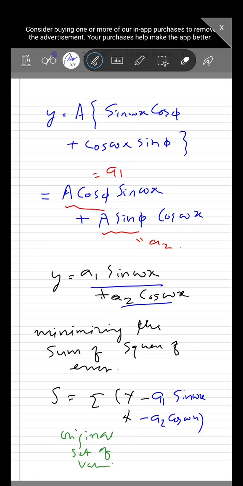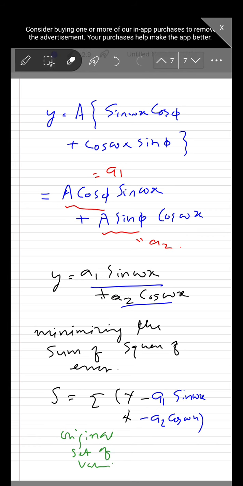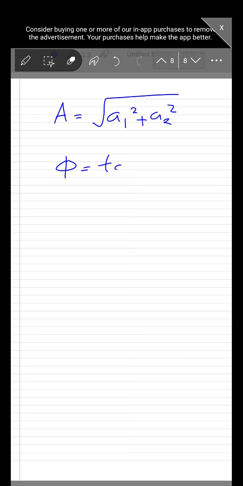So again we need to write the linear relationships. So this is again in the linear form. We can write the linear relationship and we ultimately get the following values. We get the value of A as equal to root over a1 square plus a2 square, and phi is equal to tan inverse a2 by a1.